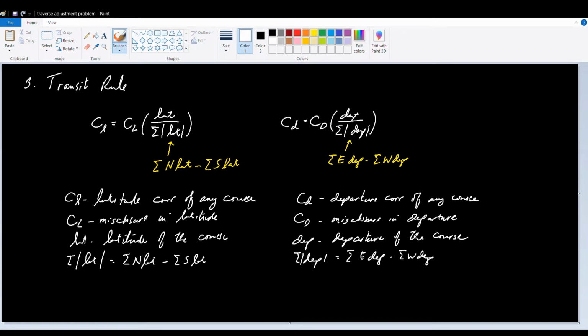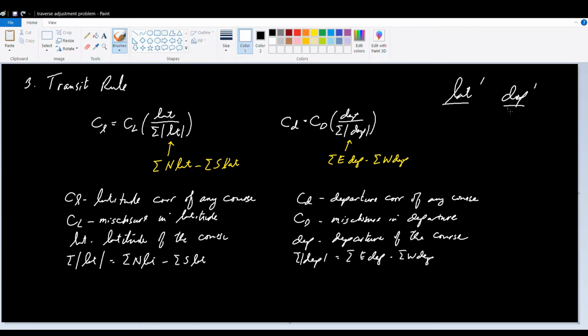So let us apply these formulas. Of course, the correction that we will apply will be the negative of the corrections that we will get. Once we have the specific values of the corrections to be applied for the latitudes and the departures, we adjust the latitudes to get Lat prime, and we also get Dep prime for each of the courses.